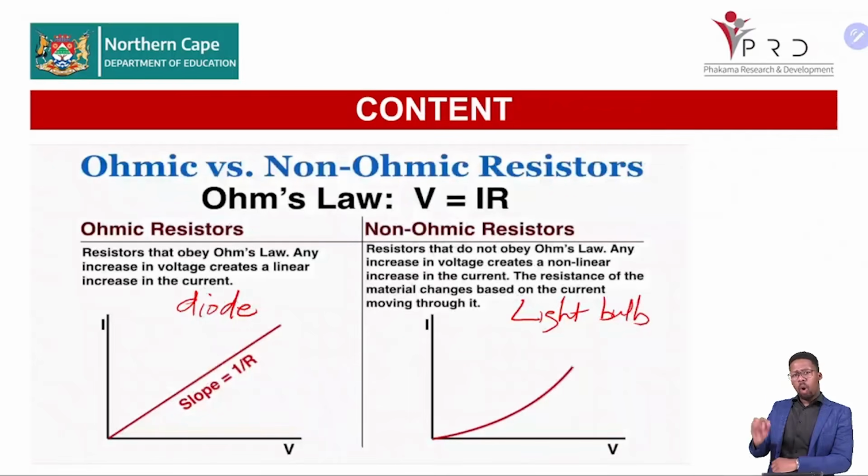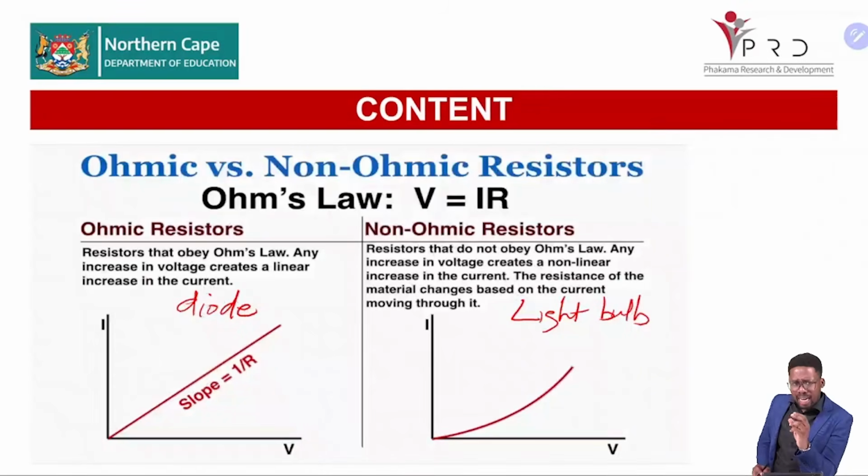Now, the light bulb is a non-ohmic resistor. Why is the light bulb a non-ohmic resistor? It is because the more current passes through the light bulb, when you switch it on at home and leave it for 20 or 30 minutes, then switch it off, you touch the light bulb and you feel the warmth, or the light bulb will be hot.